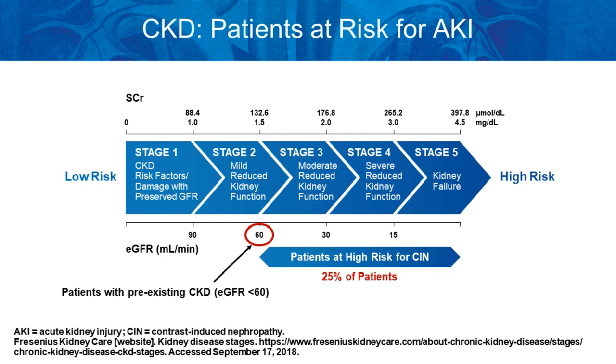Now, the number of patients with pre-existing CKD and eGFR of less than 60 is about 25 to 30% of the patients that we encounter in the cardiac catheterization lab. And those are the patients that are at highest risk for developing acute kidney injury.